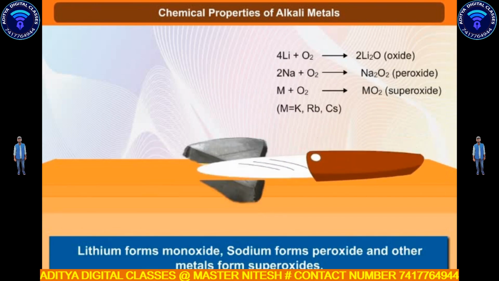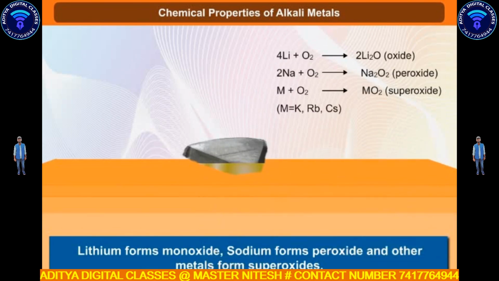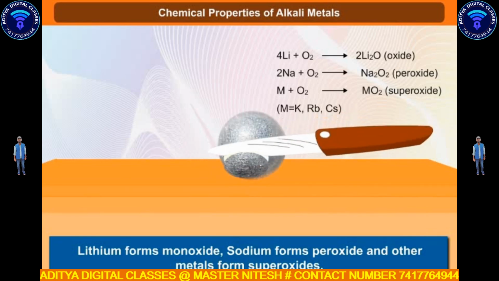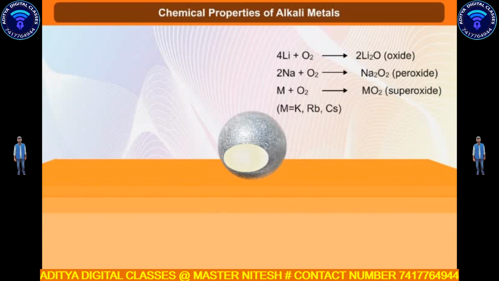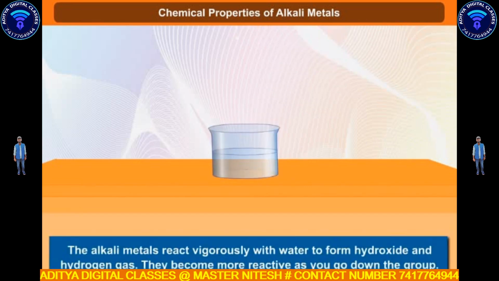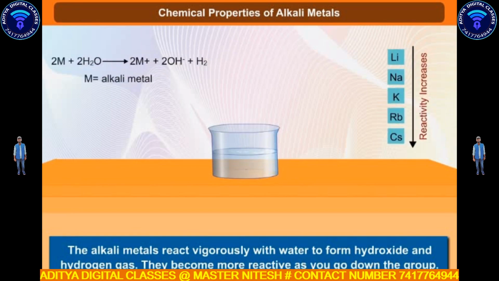Lithium forms monoxide, sodium forms peroxide, and the other metals form superoxides. The alkali metals react vigorously with water to form hydroxide and hydrogen gas. They become more reactive as you go down the group.